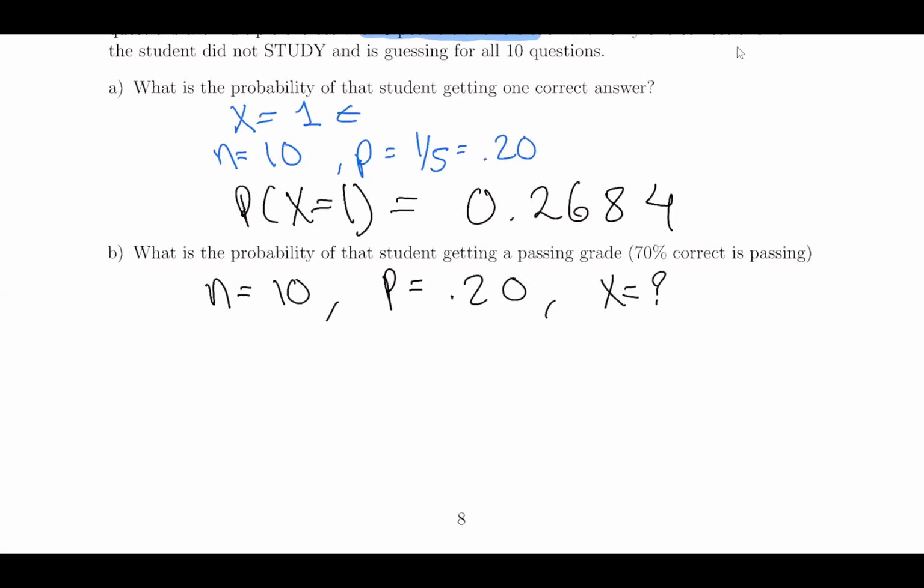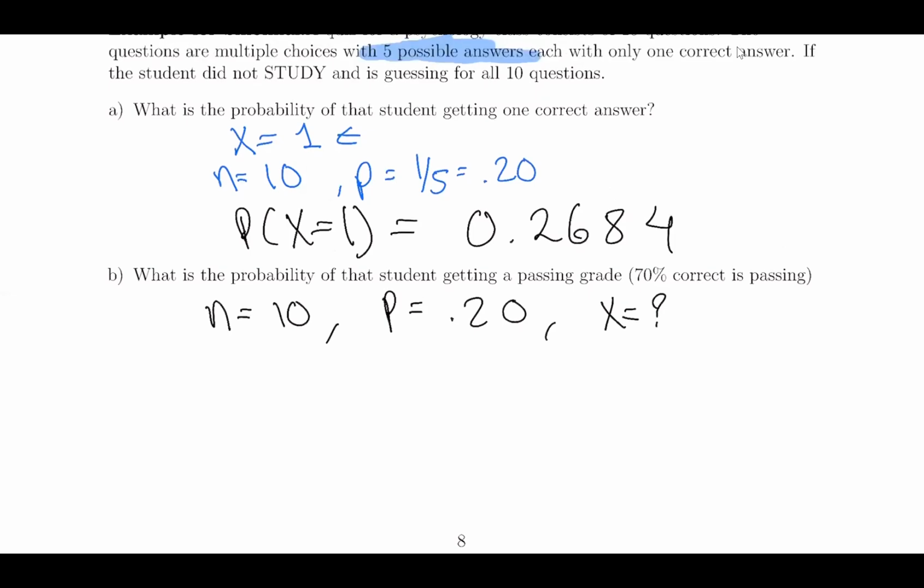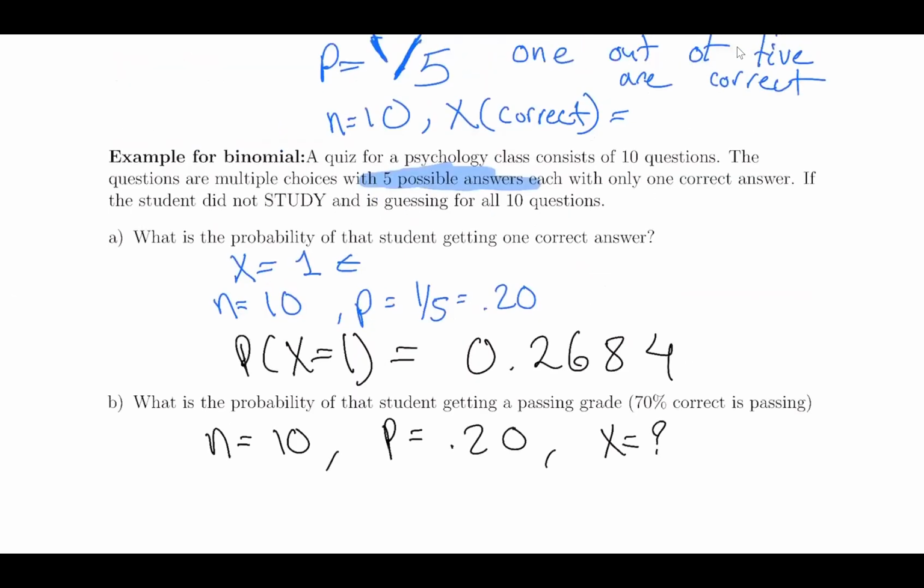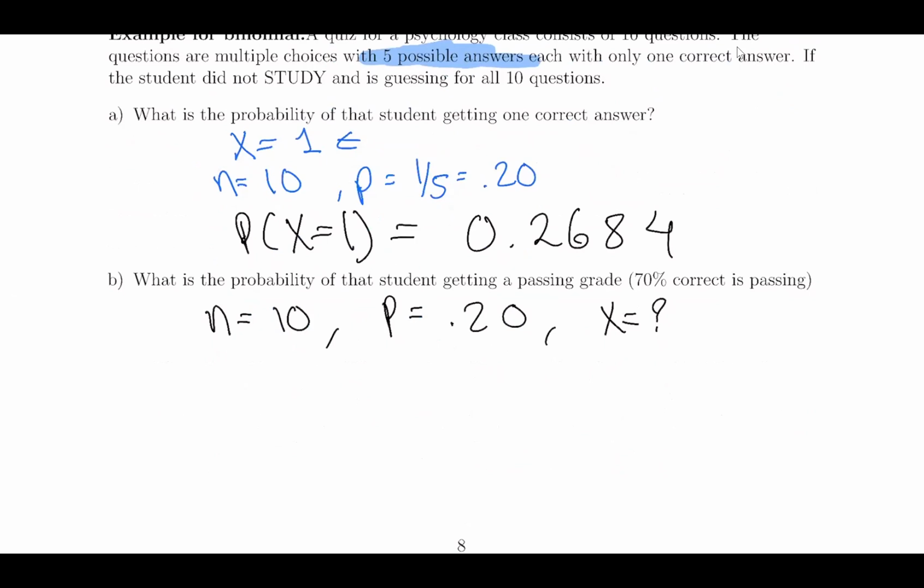Right. So for this one, what would be my x value if I want a passing grade on this quiz? Cool. All right. So you gave me one of the answers. What are my other answers? 10.